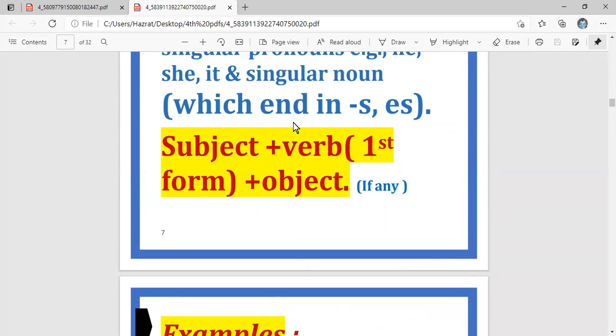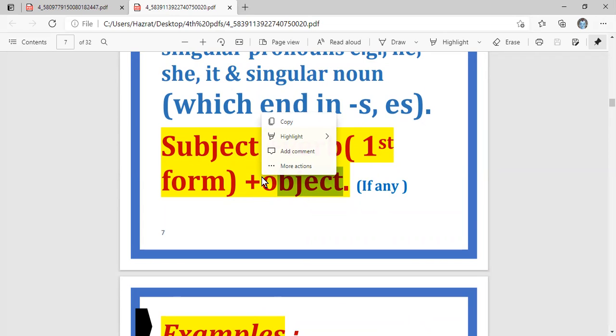So the structure is: we need a subject, and after the subject we need the verb first form, and then if the verb needs an object, we use an object. But if it doesn't need any object, we will not add one.